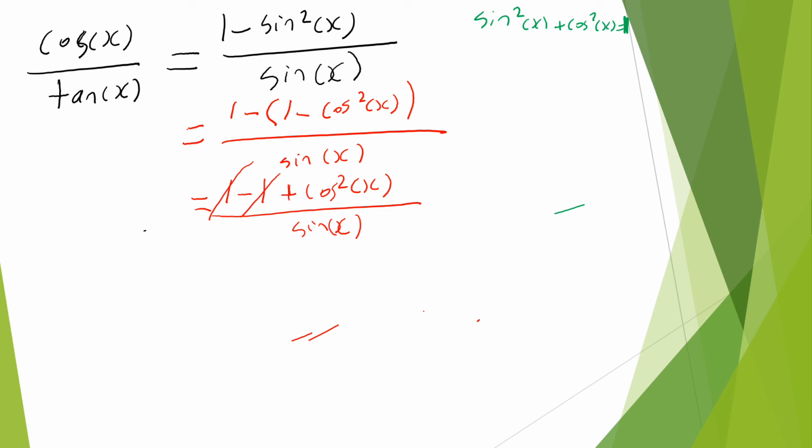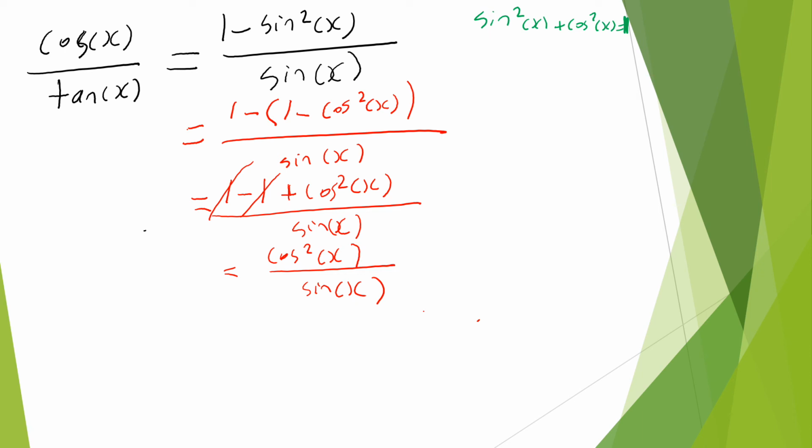Obviously this goes, so I'm left with cosine square x over sine x. Then you'll say, okay, that's nothing to do with this one. Well, I need to rework this side as well to try to get to here.